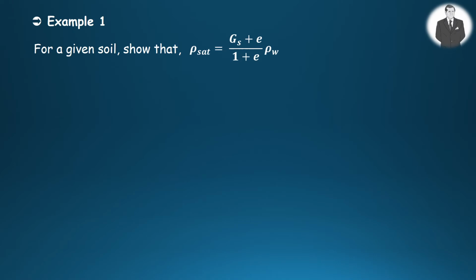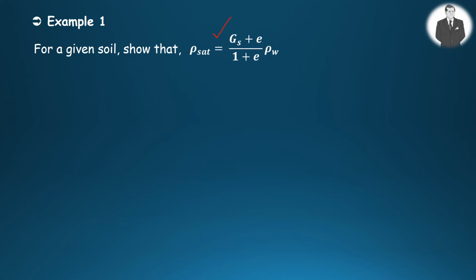For a given soil, show that the saturated density of soil is equal to this equation. As a first step, we need to draw the soil physical model based on what is needed.